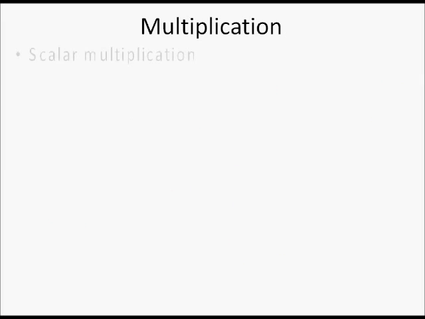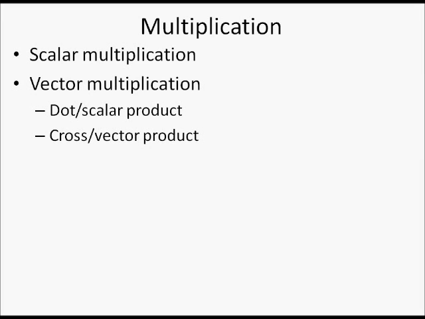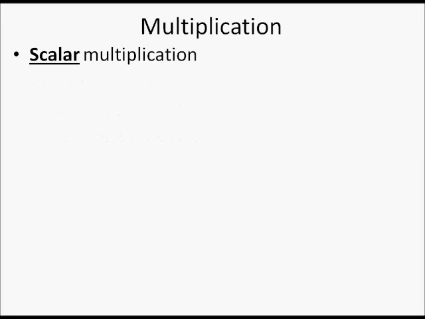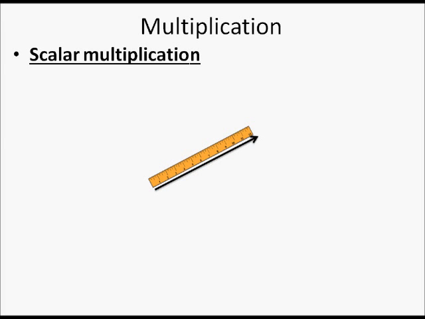How do you multiply vectors? There are two cases in multiplication: scalar multiplication and vector multiplication. First, scalar multiplication. This is multiplying a vector by a scalar, by a number. Say I have a vector A with 12 units of length.